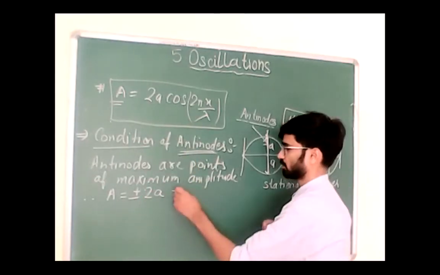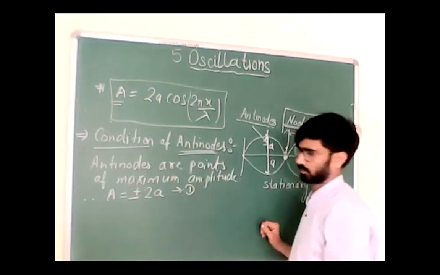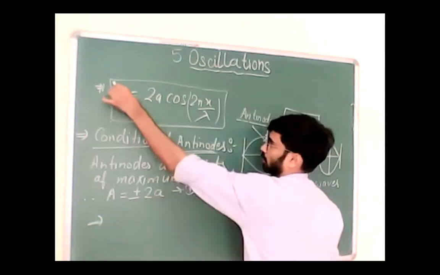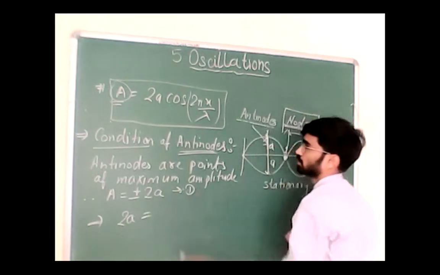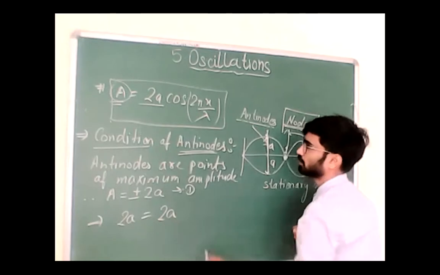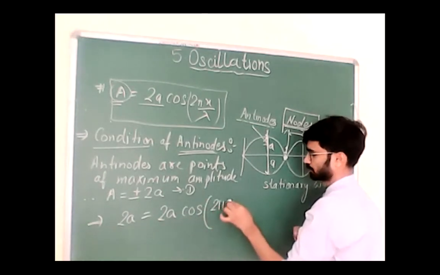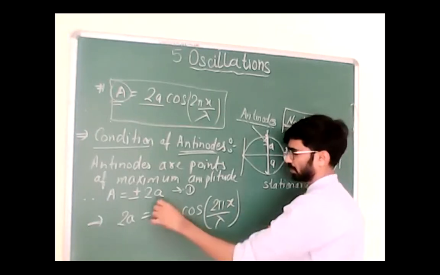So if I substitute this in this equation, for the amplitude you have to put 2A. So 2A cos(2πx/λ) is equal to 2A. Now you can cancel these two.